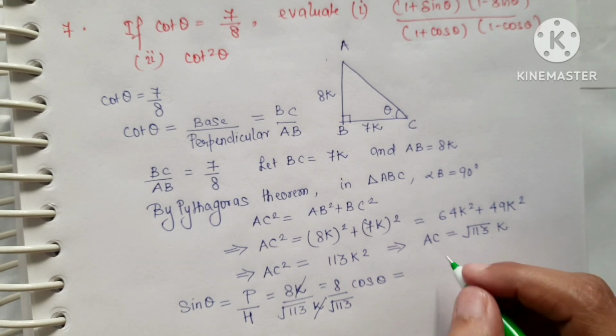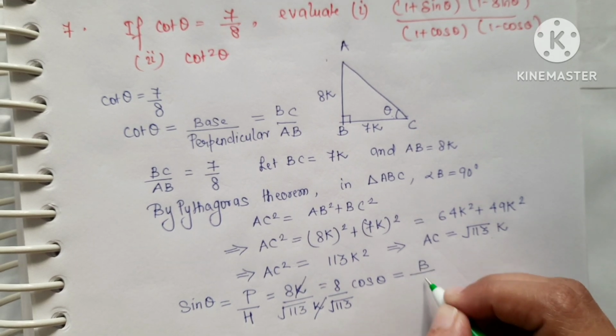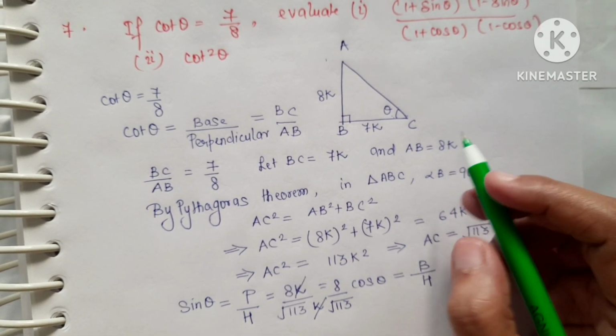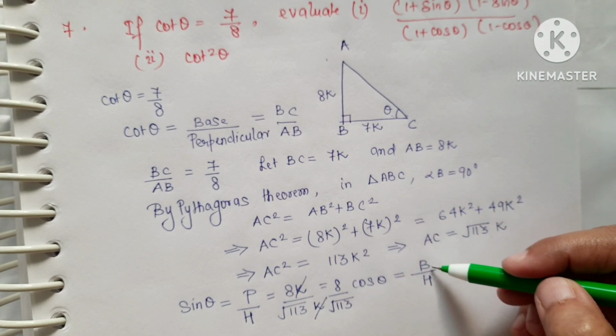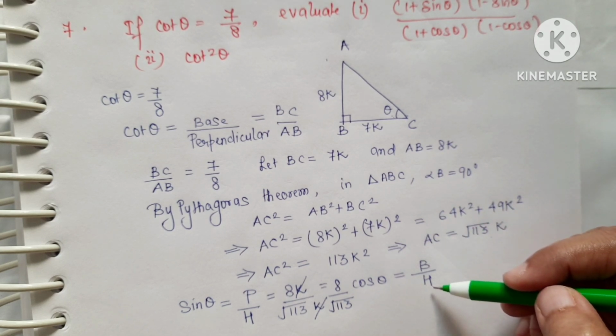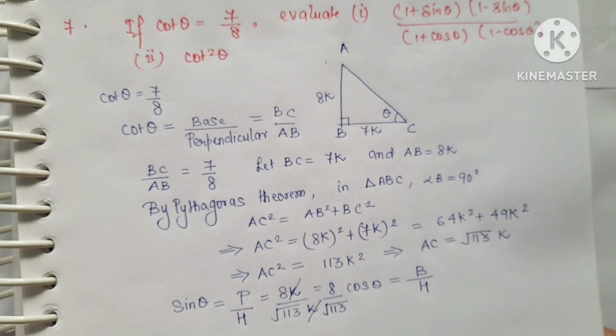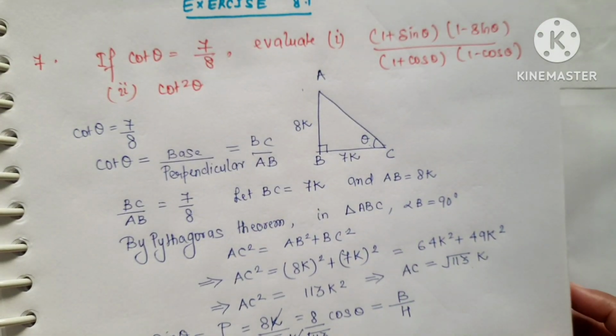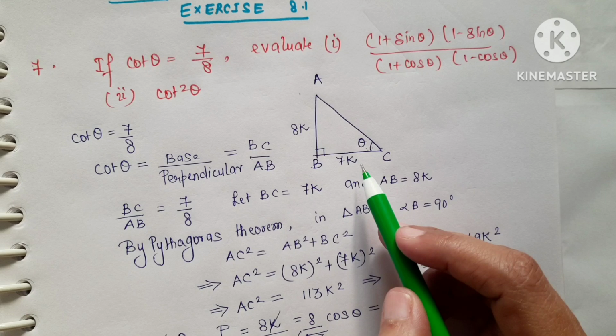Now what is cos theta? It is base upon hypotenuse, where I am denoting base as capital B and hypotenuse as capital H. How are you going to find base upon hypotenuse? It is already mentioned in the question.